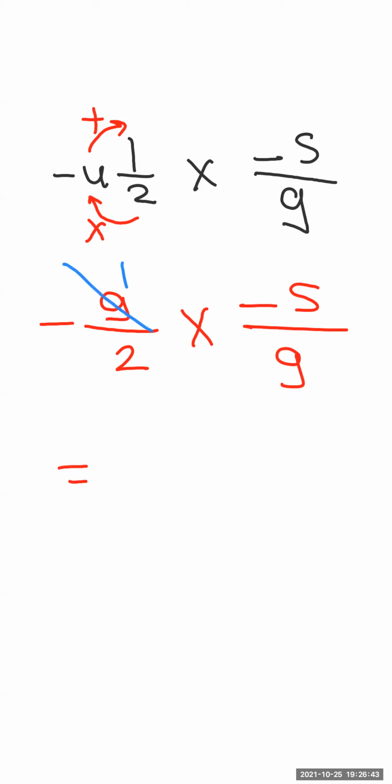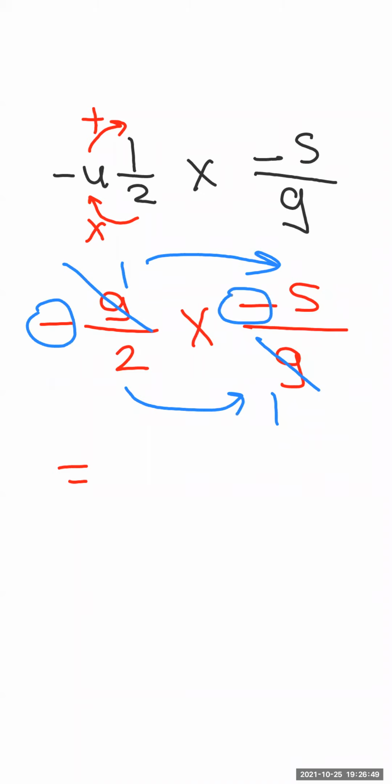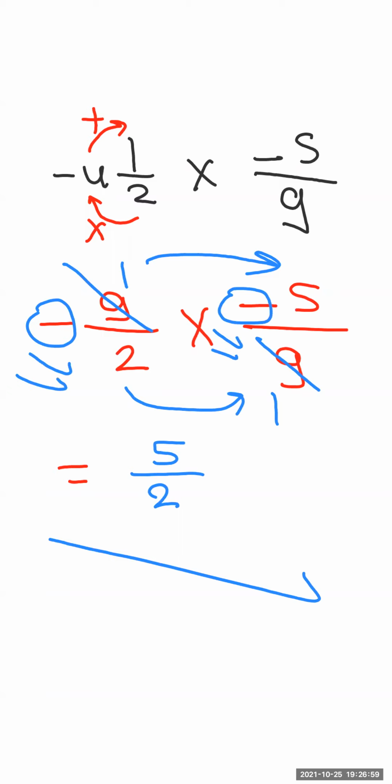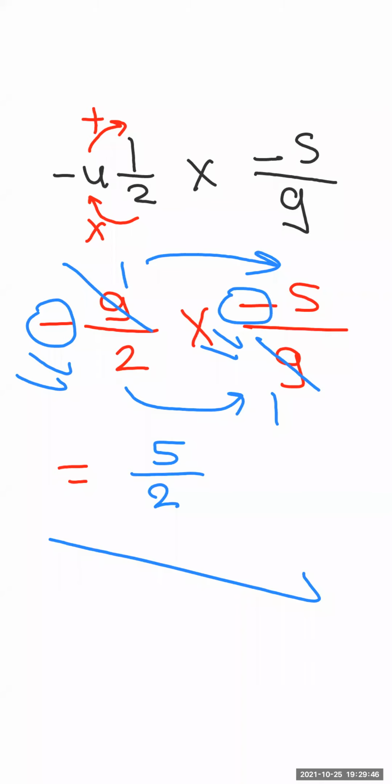Divide 9 equal 1, divide 9 equal 1. 1 times 5, 2 times 1, negative times a negative, positive. 1 times 5 equal, of course, 5. 2 times 1 equal 2. So it will equal +5/2. Because here, the two signs are the same. Two negative numbers. So the result will be positive. Okay, guys? Do we have any questions? Okay, great. Let's continue to the next point.